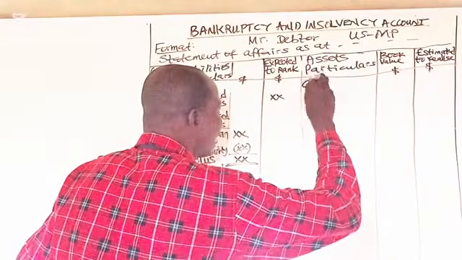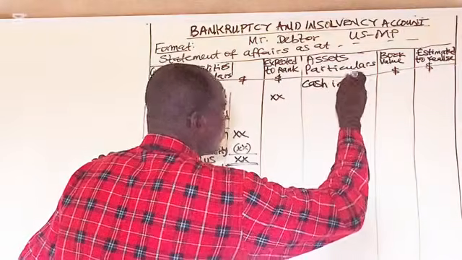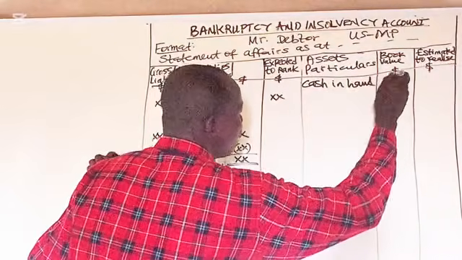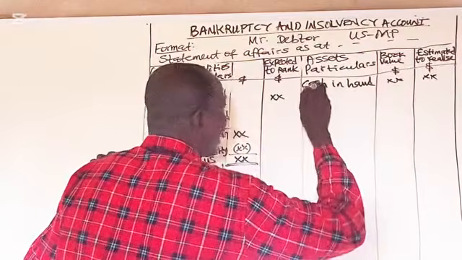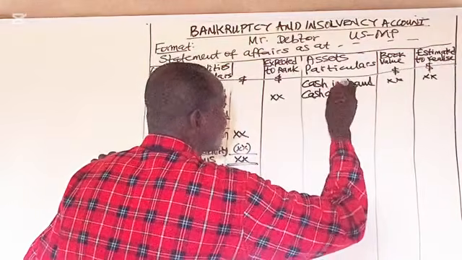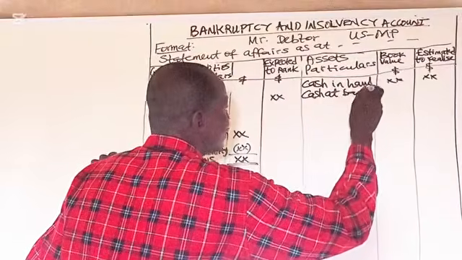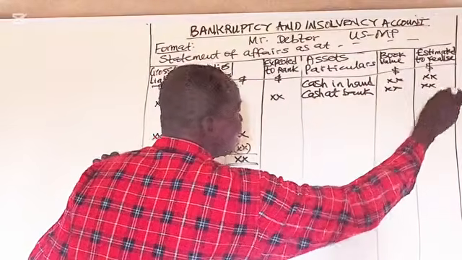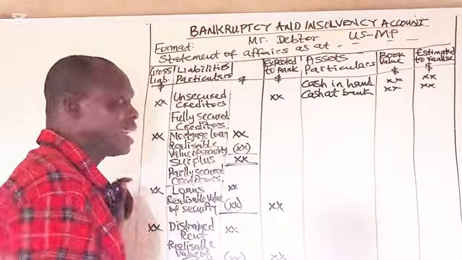So you may have cash in hand, if any. The book value, the realizable value. Cash at bank, if any. The book value, the realizable value. Then debtors.